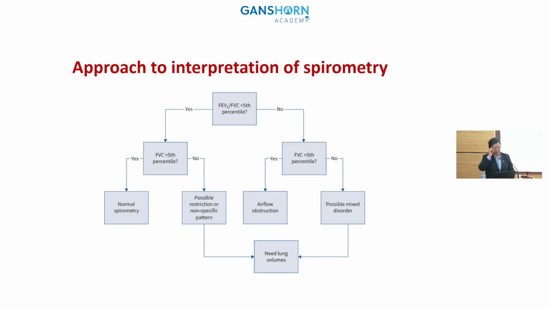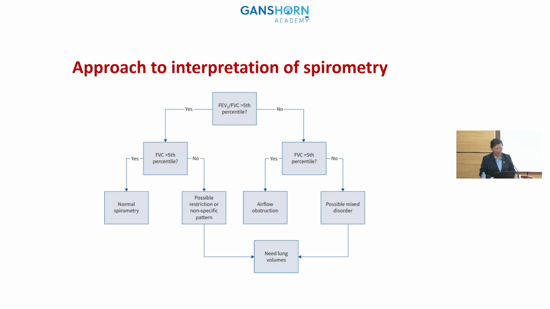This is the approach to interpretation of spirometry, and we have taught it many times this morning. Remember that we begin with the ratio FEV1/FVC and go that way. If there is obstruction together with restriction, remember that we could not decide restriction with spirometry, so we have to go to lung volumes.